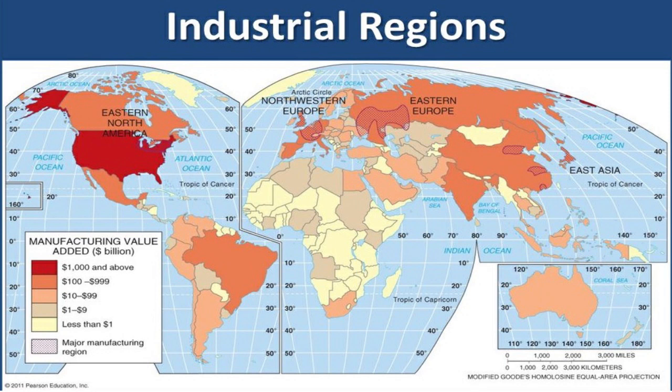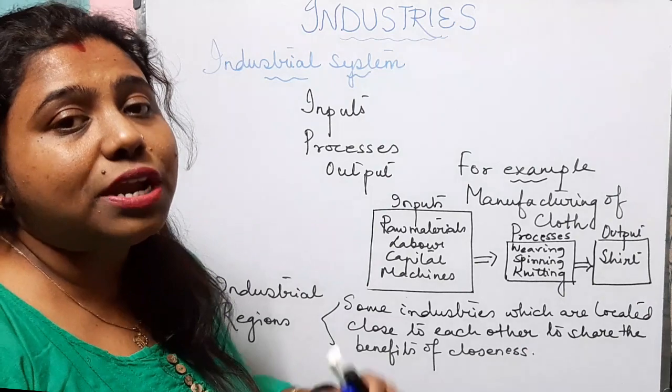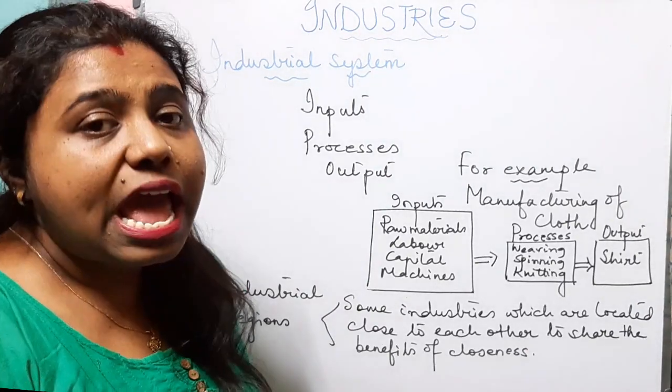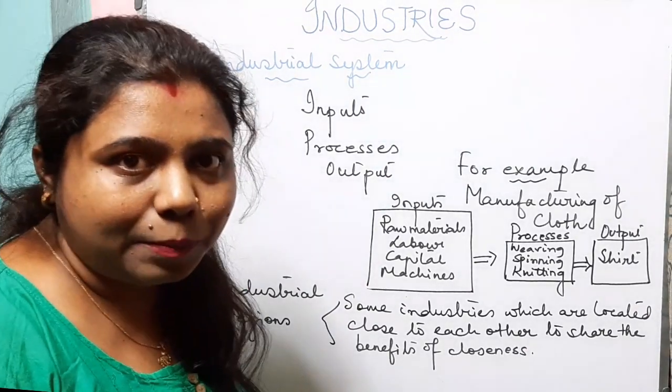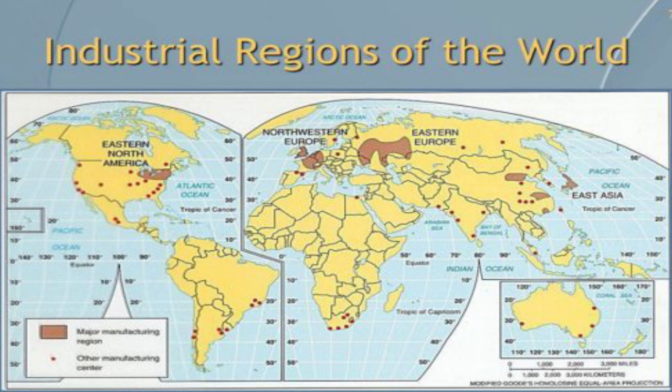So now let us know about some of the major industrial regions of the world and of our country, India. Major industrial regions of the world are Eastern North America, Western Europe, Central Europe, Eastern Europe, and Eastern Asia.